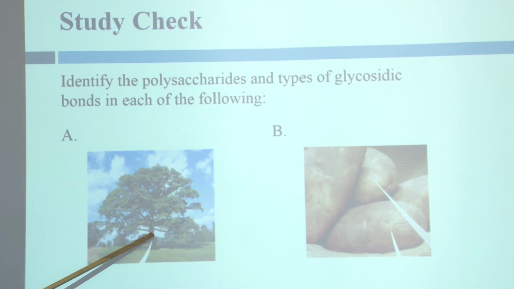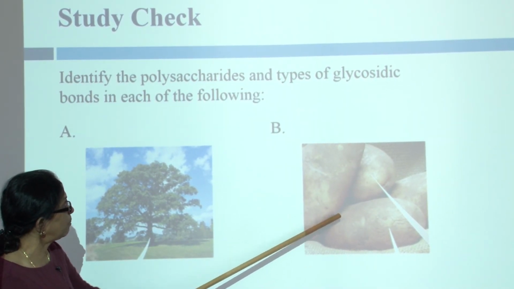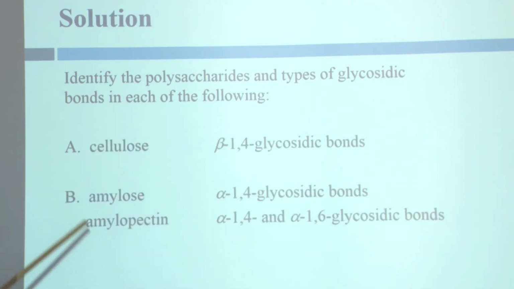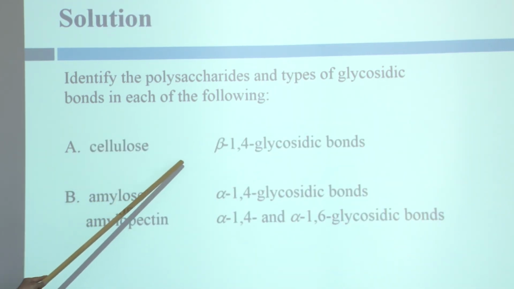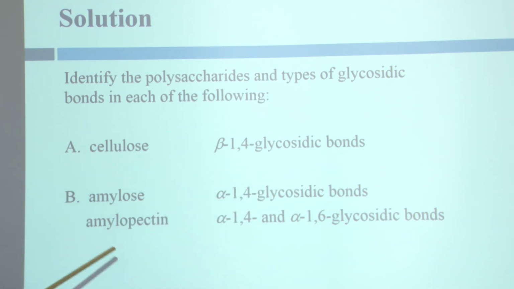So this is the cellulose that we were talking about, and this is amylose, amylopectin. The polysaccharide in cellulose has the beta 1,4 glycosidic bond. Bark, cotton, the polysaccharide is cellulose.